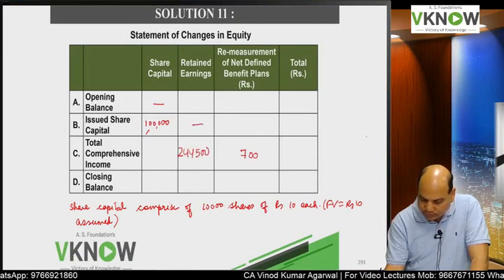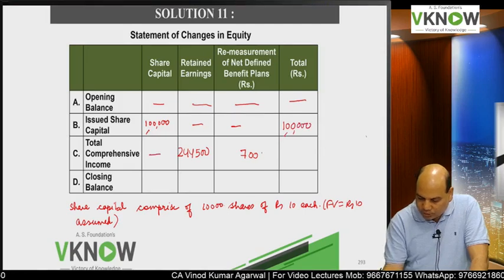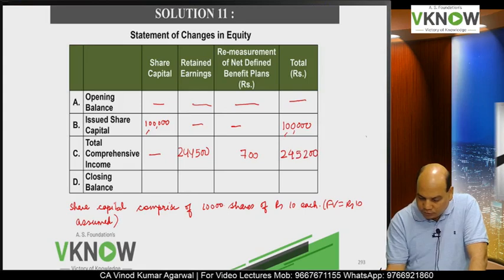So now we'll complete the rows first. So total in the last column 245,200, and then vertical total.